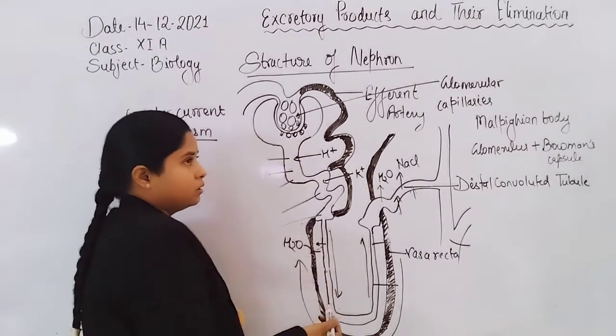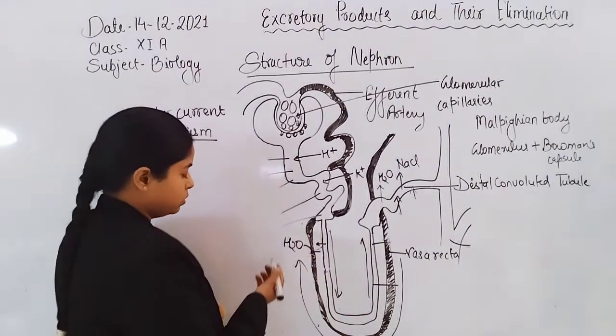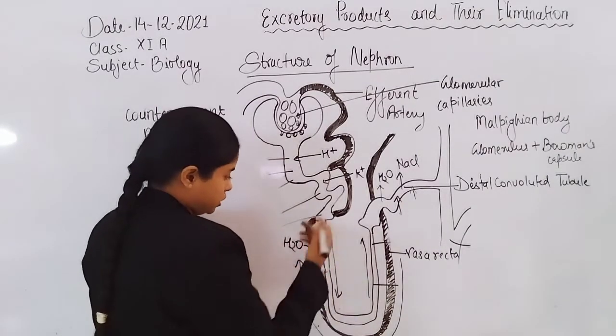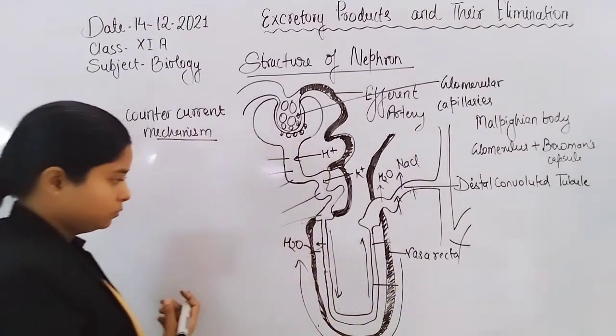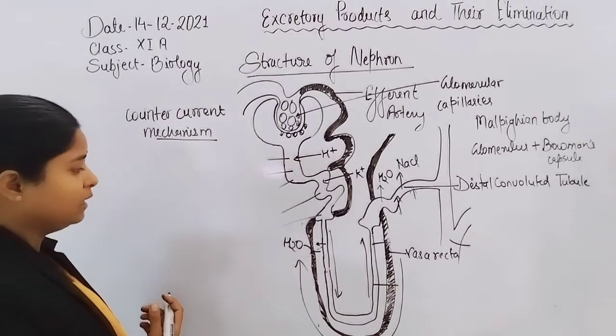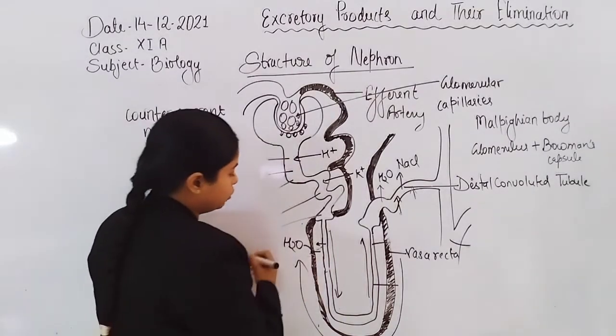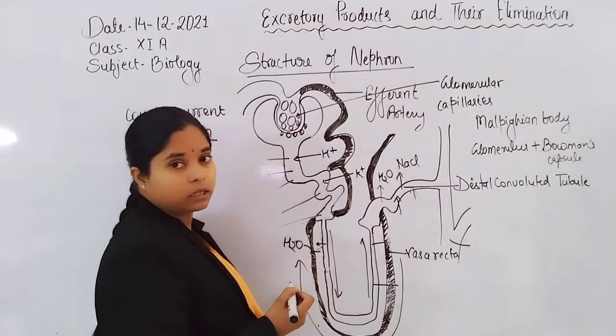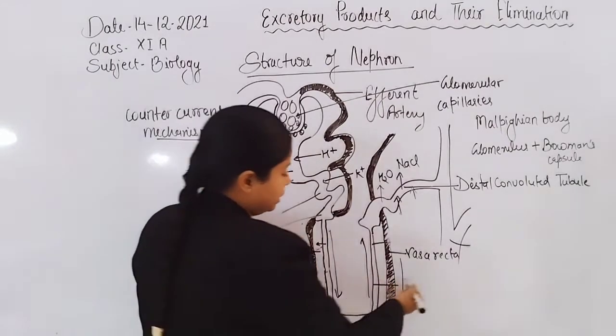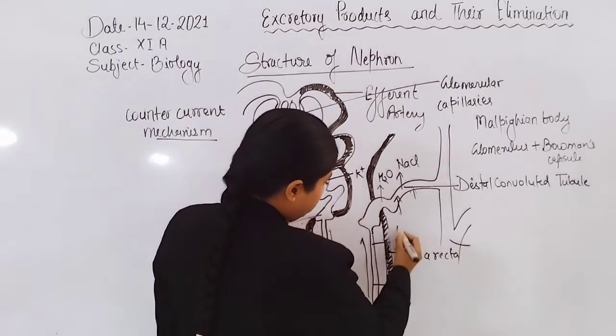The reabsorption is done in the direction opposite to the loop of Henle, where the water molecules again transfer into the blood.